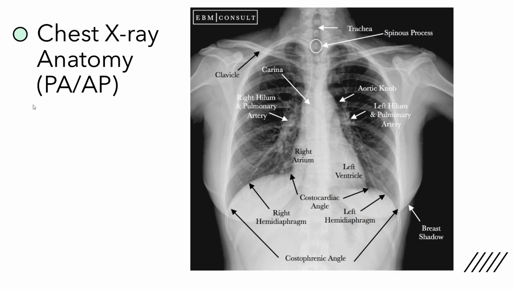But remember, P to A means that the patient's chest is actually facing the image receptor. They're facing away from the X-ray unit, from the tube. And if they're A to P, then they're facing the tube, their back is to the image receptor. So let's go over a little bit of the anatomy that we're looking at here on a typical P to A or A to P chest.